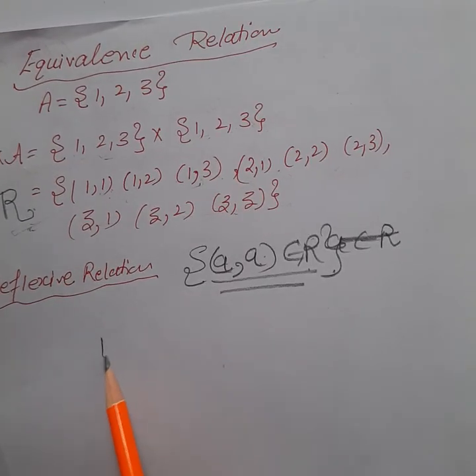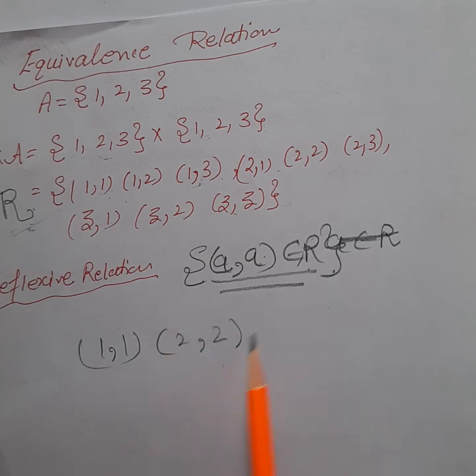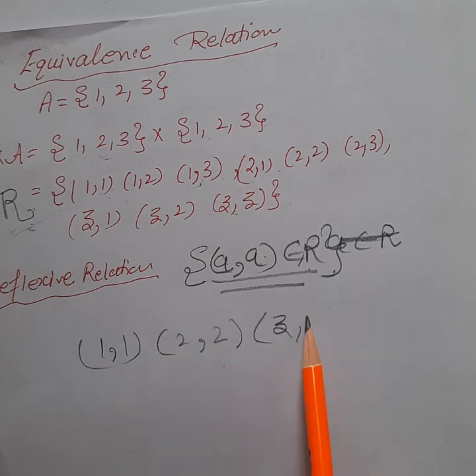At the first place you have (1, 1), in the second place (2, 2), and in the third place (3, 3).